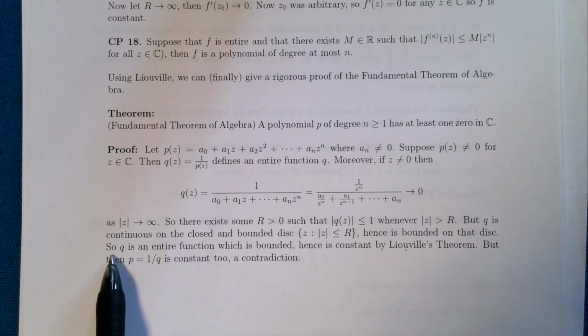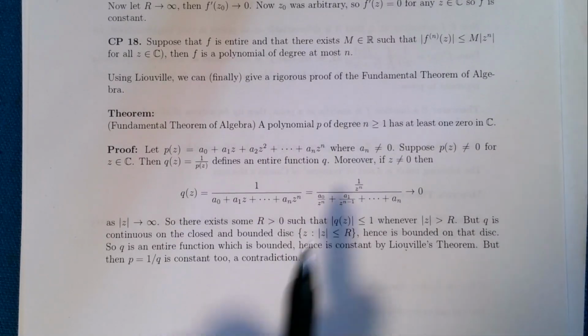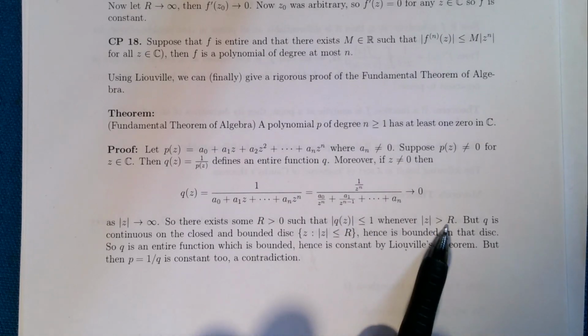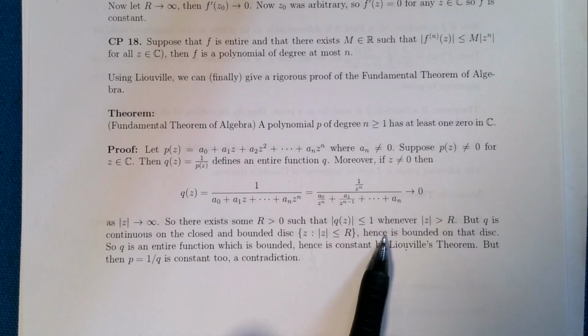So q is an entire function that is bounded, and so this first bit showed that it was bounded whenever mod z is bigger than R, and it's also bounded whenever mod z is less than R, and hence it's bounded everywhere.